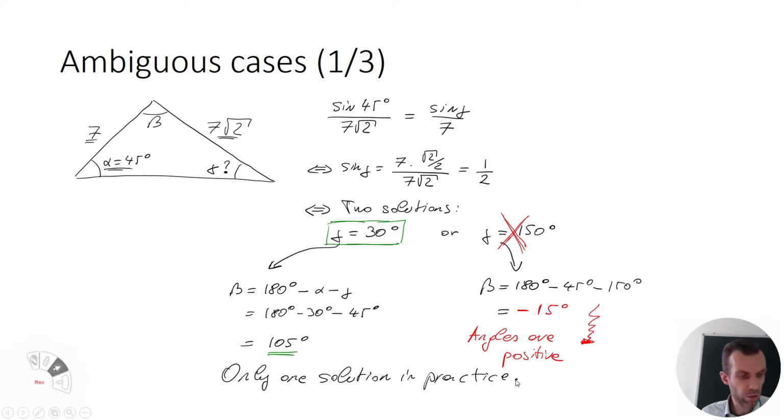So that's the first ambiguous case that I wanted to highlight, and there's a couple more, so let's do another triangle. So now we're given a triangle with sides A is 26, C is 15, and the angle gamma is 29 degrees.